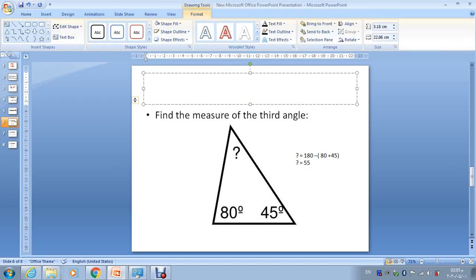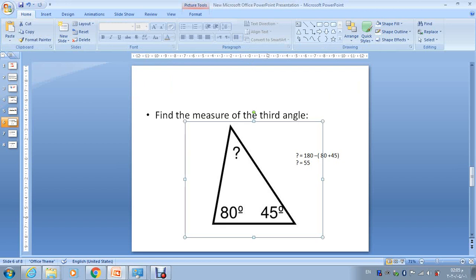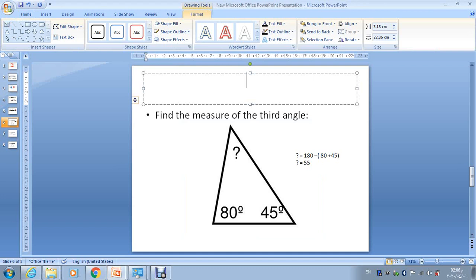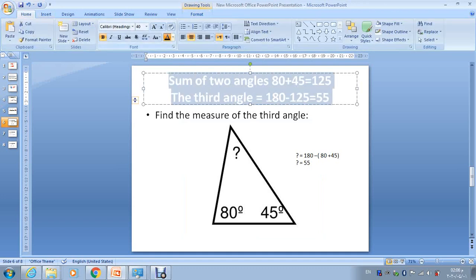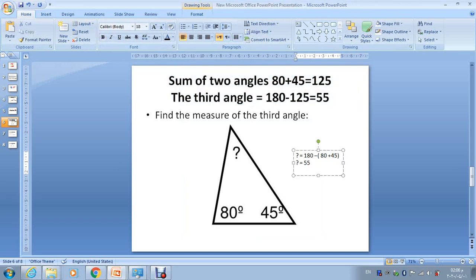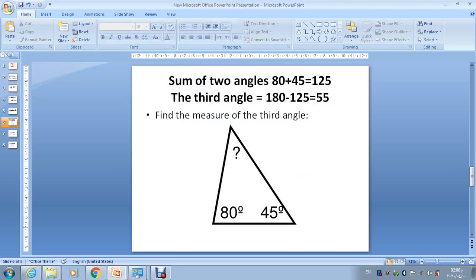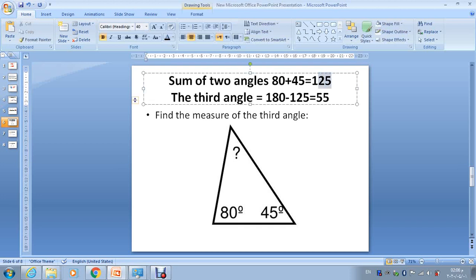If I know that the sum of the two angles, 80 plus 45, equals 125, and I know that all of the angles in this triangle is 180, so what I will do, 180 minus 125.